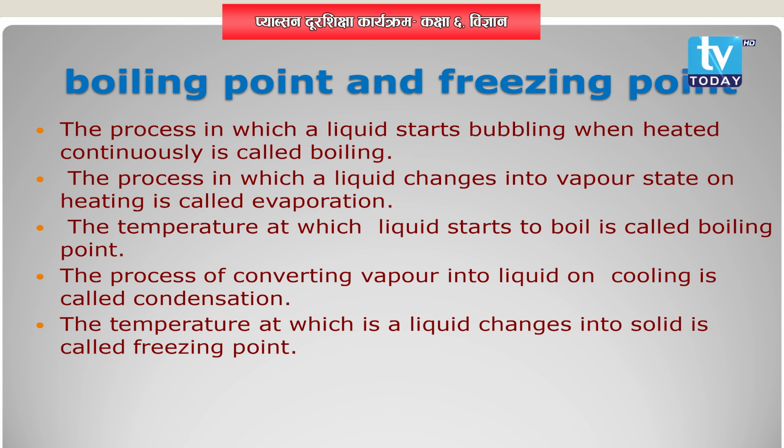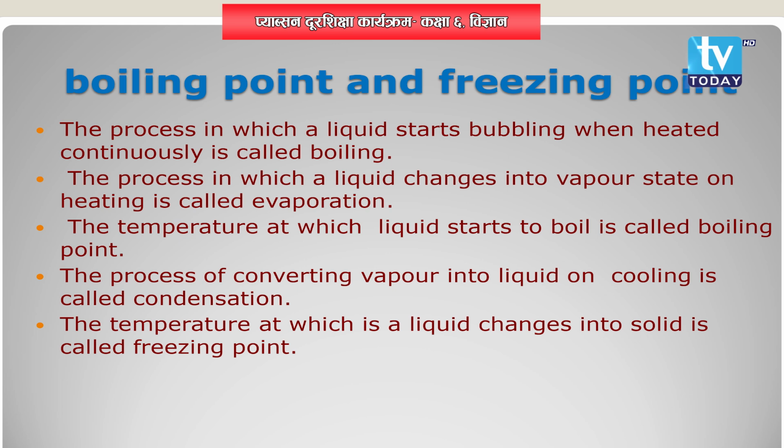Come to the freezing point. What is freezing? Converting a liquid into solid. The process of conversion of liquid into solid is called freezing. We have all seen that when we keep water in the freezer, we can see ice there. So what is freezing point? Point always represents temperature here.